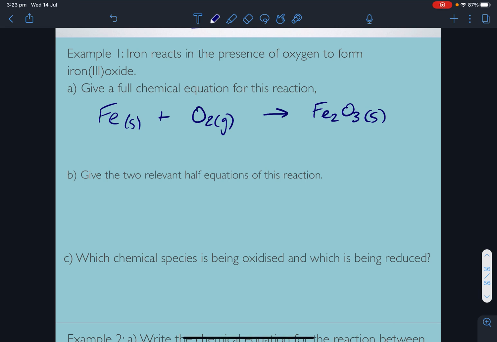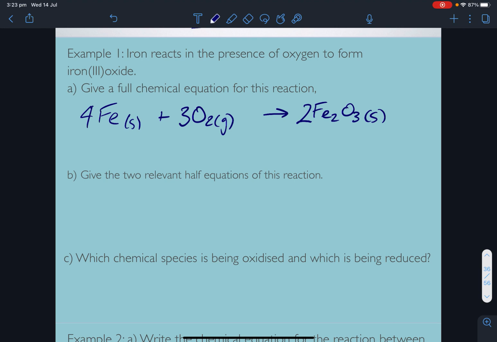Okay. Are we balanced? 2, hang on. I'm going to put a 2 there. And therefore I need a 4 in front of the iron. And so we've got 6 oxygen, so I need a 3 there. So there's my full balanced chemical equation.